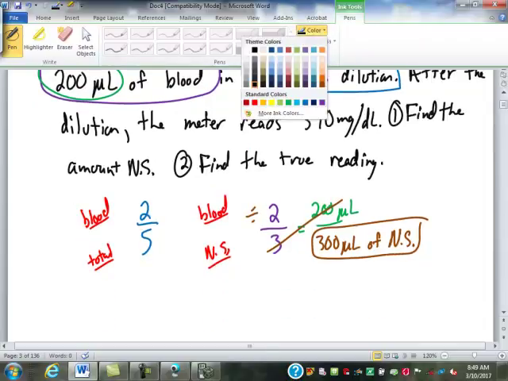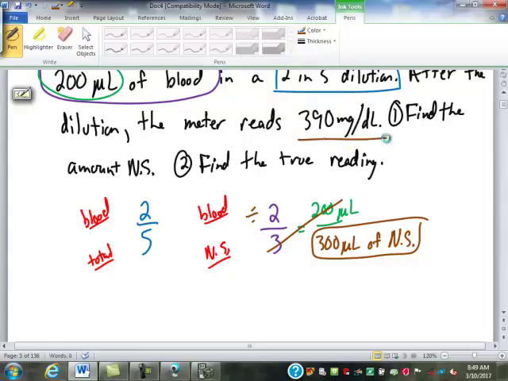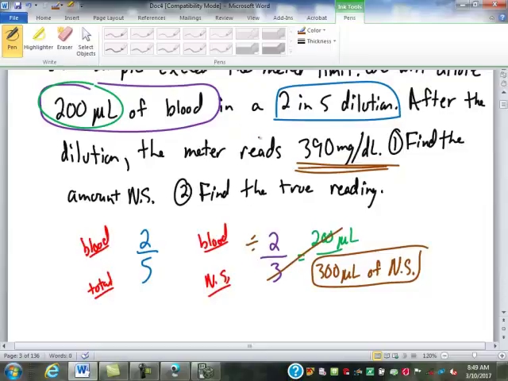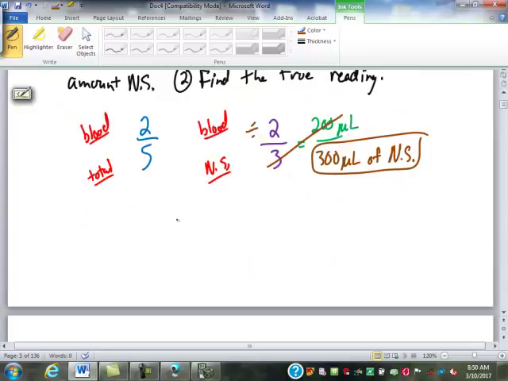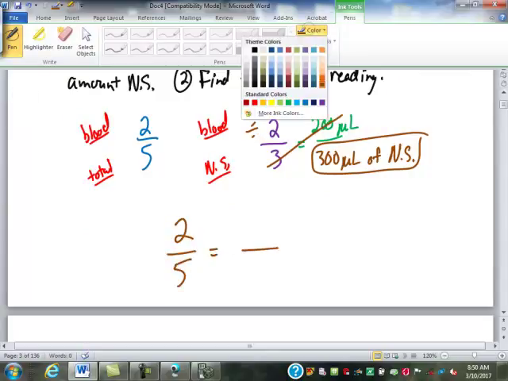So next, how do we find the true level in the blood from that 390 milligrams per deciliter that our meter reads? Well, we have a 2-in-5 dilution. What are we going to do with that?